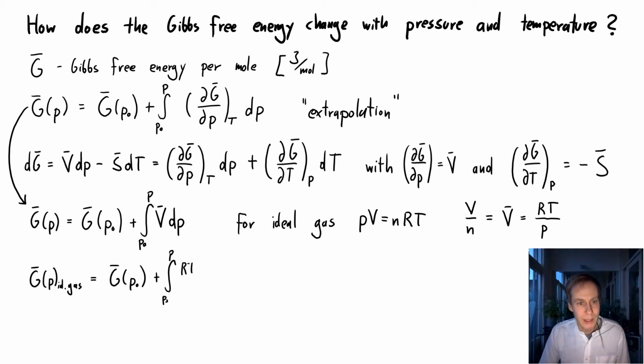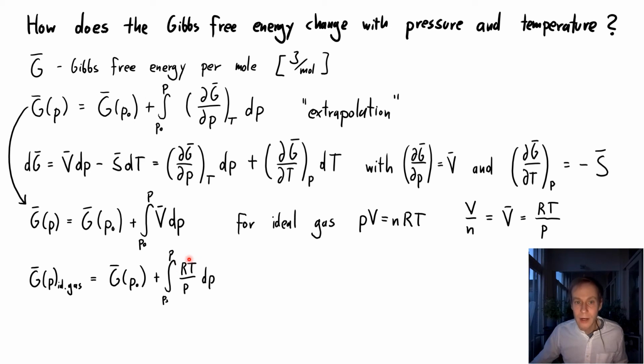So the Gibbs free energy of an ideal gas at a specific pressure is calculated by adding this extrapolation of the molar volume over the pressure from the reference pressure to the pressure where we want to know. And now we know the gas constant and the temperature are both constant, right? We said that the temperature is constant already in this definition, up here, that we want to see how the Gibbs free energy changes with the pressure at a constant temperature.